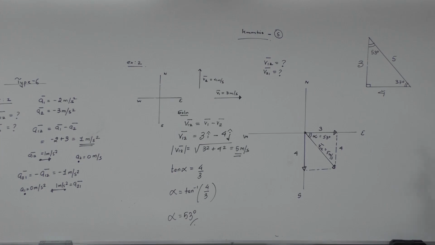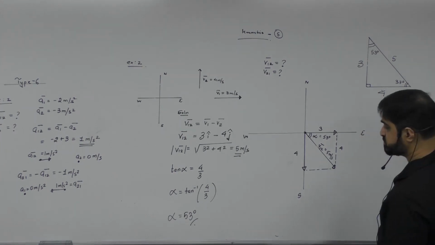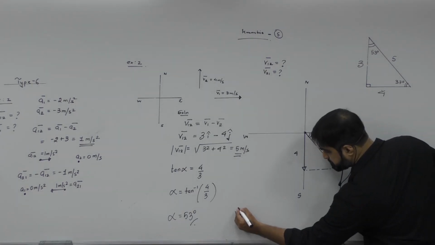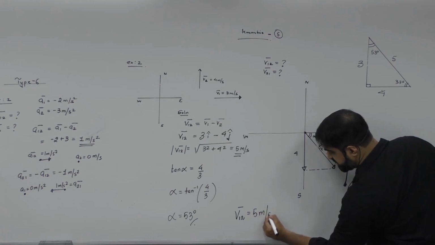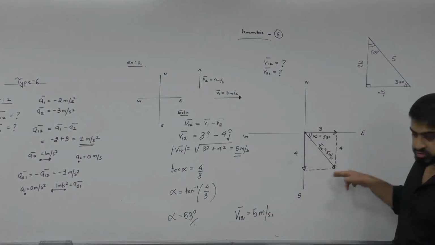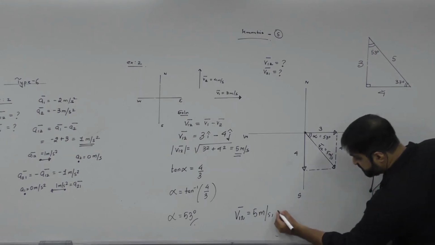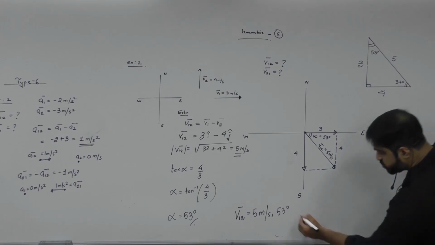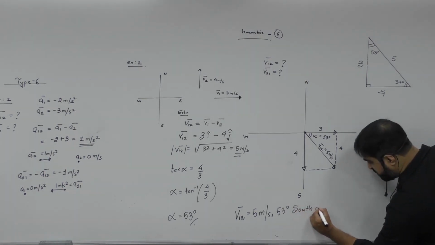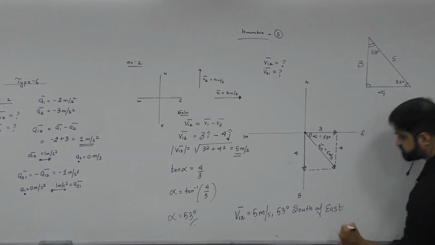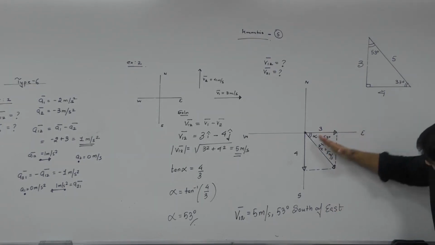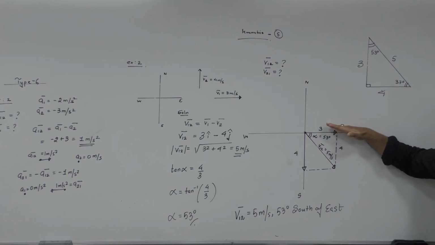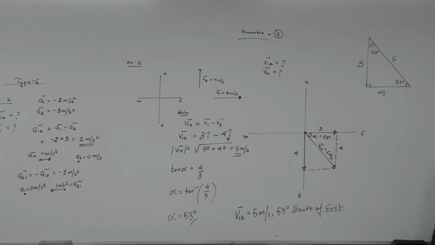Now it is the time to write the answer. Can I say V12 bar is 5 meter per second, magnitude, 53 degrees south of east. 53 degrees south of east means you are standing in the east, and if you go 53 degrees towards south, the answer will come.